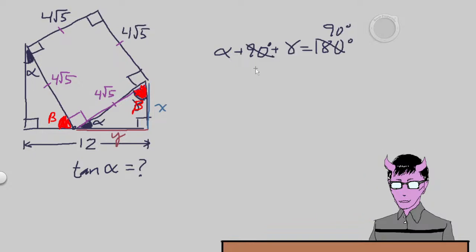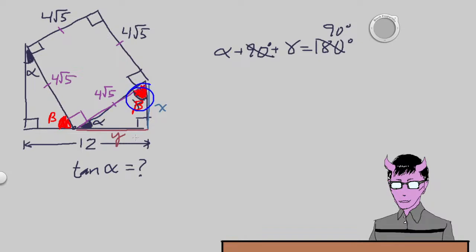So long story short, what have we done so far? Long story short, again, we figured out that this whole thing is a square using sum of interiors, and then we started equating opposite sides. So 4 root 5, this is 4 root 5, this is also 4 root 5, and then figuring out straight angle and then sum of interiors.